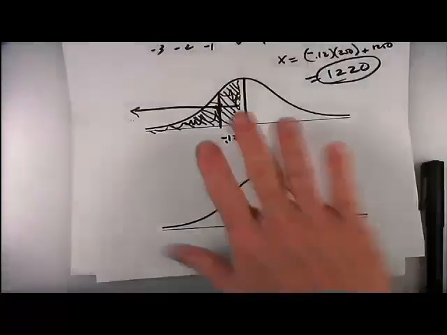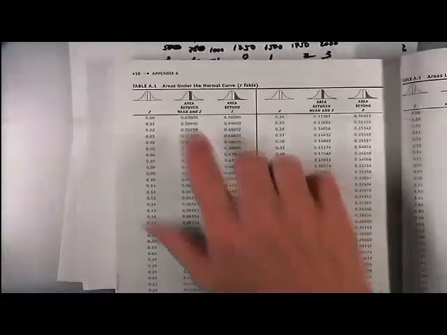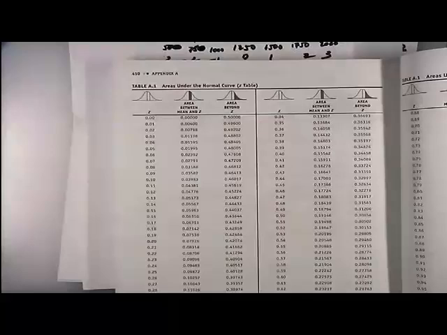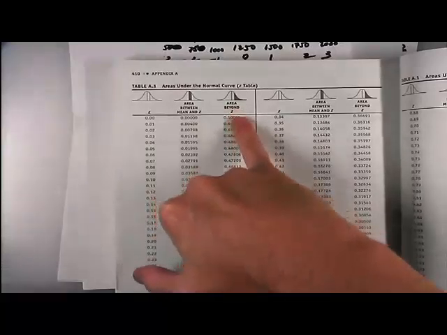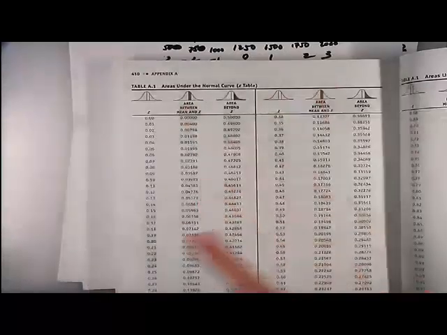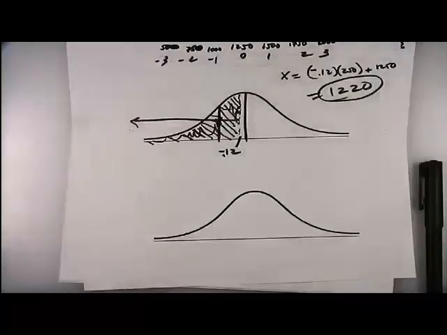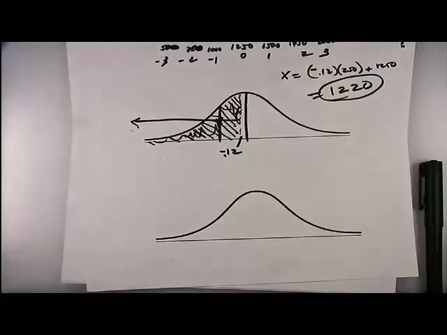So let's say you chose this to shade it in. Which column am I going to use, this or this? This one says the area beyond Z. This one says the area between the mean and Z. If I've shaded it this way, I'm probably going to use the area beyond Z. So I'm zoning in on the answer.